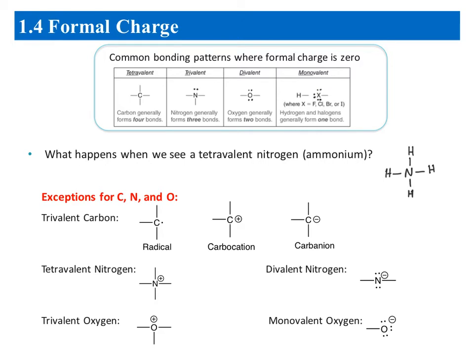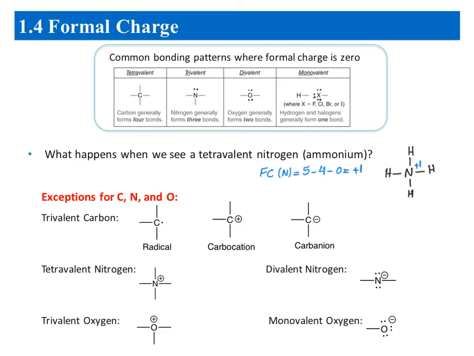So if we calculate the formal charge for the nitrogen here, nitrogen is in group 5. It has 4 bonds around it and 0 dots or electrons. So which gives me plus 1 charge, meaning that the tetravalent nitrogen is always positively charged.